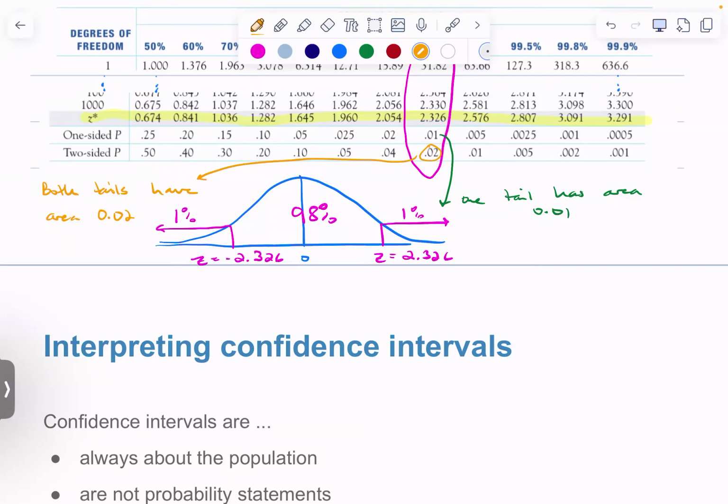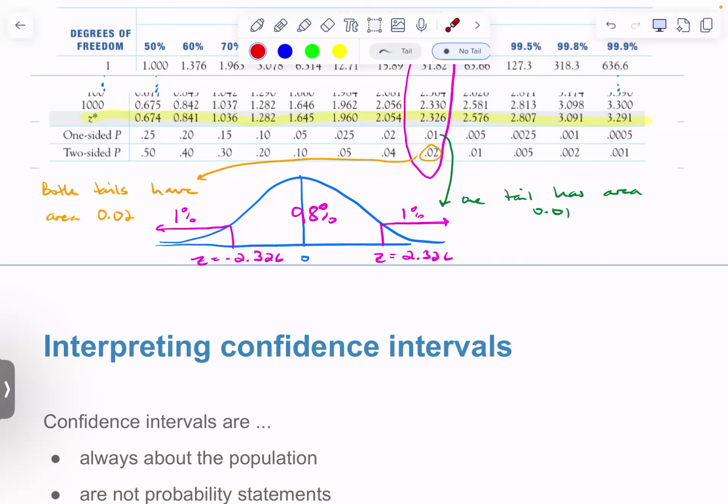So there will be instances where we're interested in just one of the tails, and most instances where we want to find the area in both the tails. Because what is the area under the curve? The area under the curve is a probability, right? And so the area in the upper tail is the probability of being more extreme than a Z of 2.326.